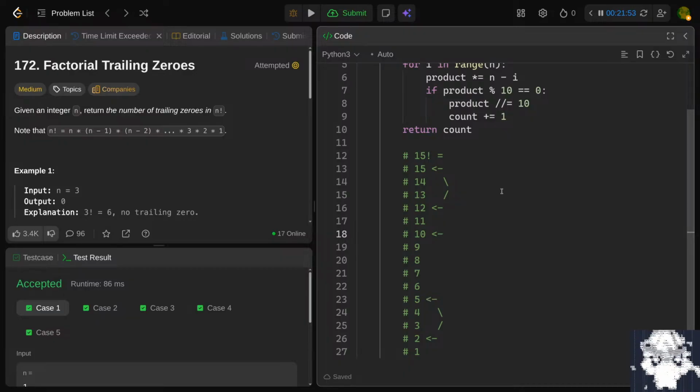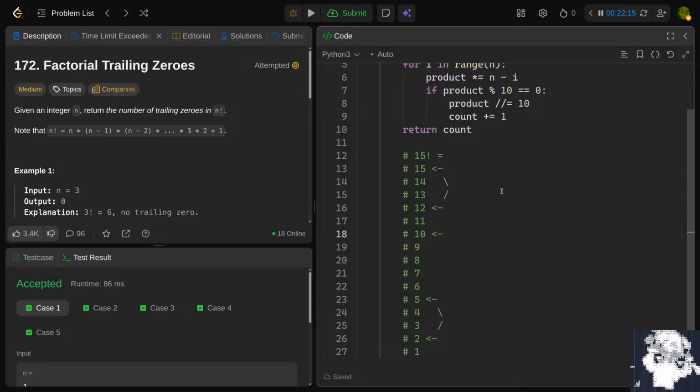I mean, you can't look at every pair because that's going to give you n squared runtime. Interestingly though, it would give you O of 1 extra space.